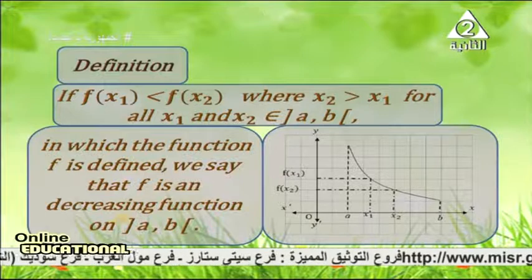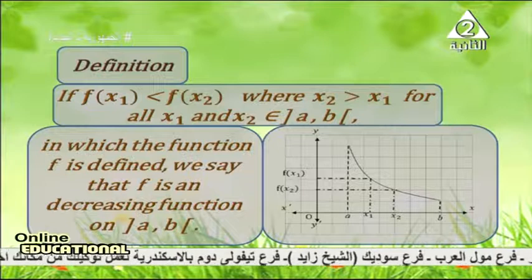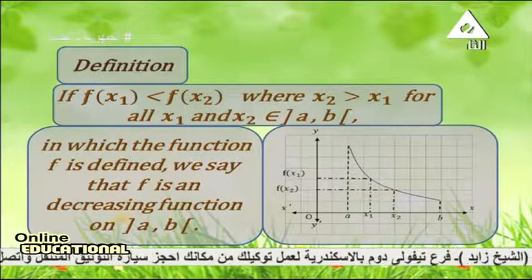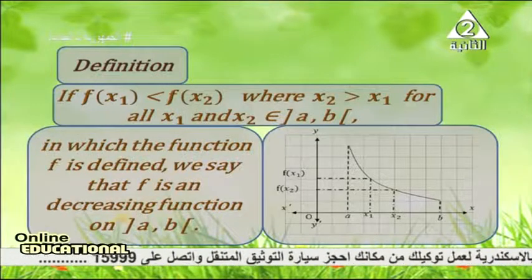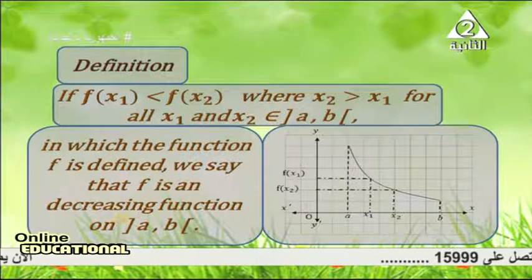From the graph, x2 is bigger than x1, but f of x2 is smaller than f of x1, so the function in this case is a decreasing function.